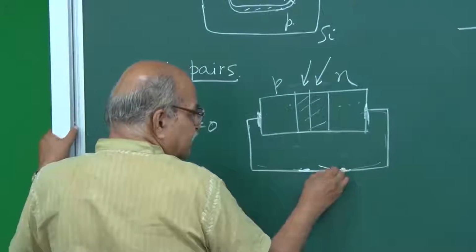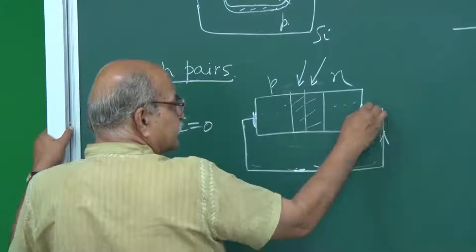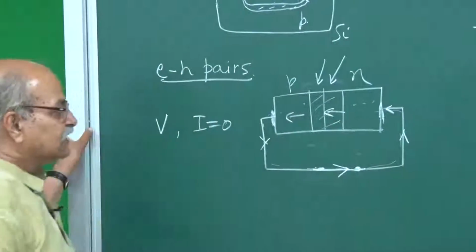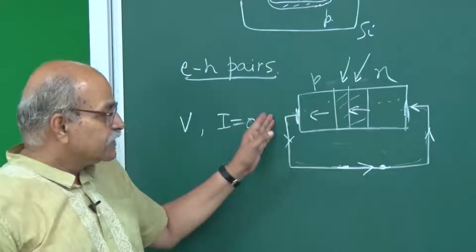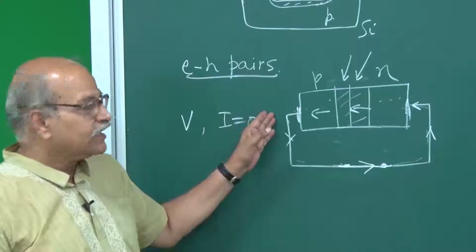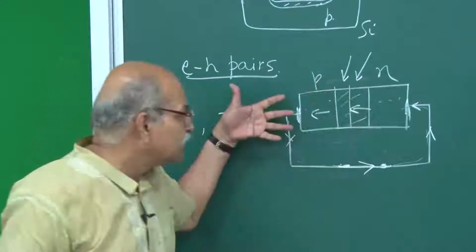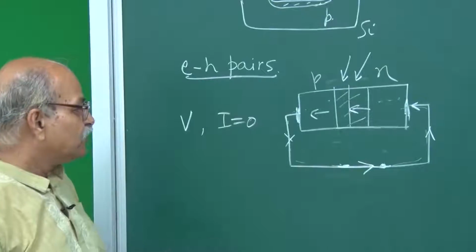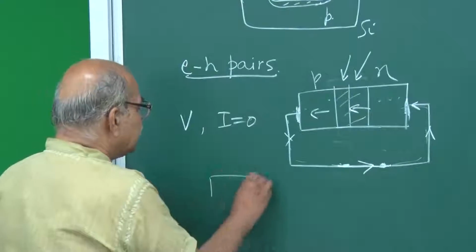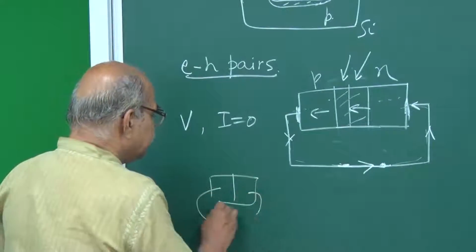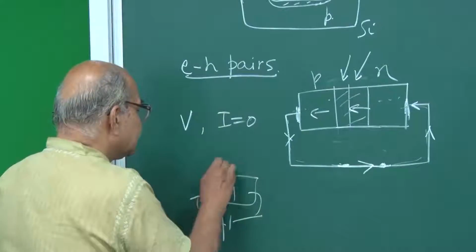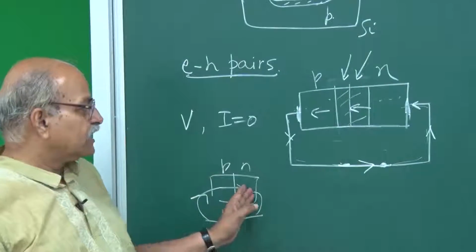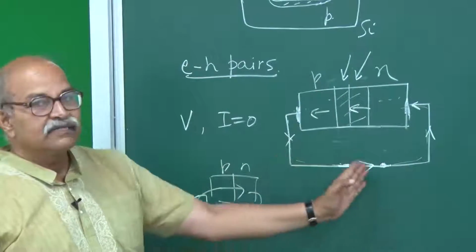So, you will have a current like this, and the current is in the negative direction. This is the p side, this is the n side. Normally, p to n we take as the positive current. When we do a forward biasing of any p-n junction, the current goes like this. So, this is our typical positive direction of the current, and here it is going in the negative direction.